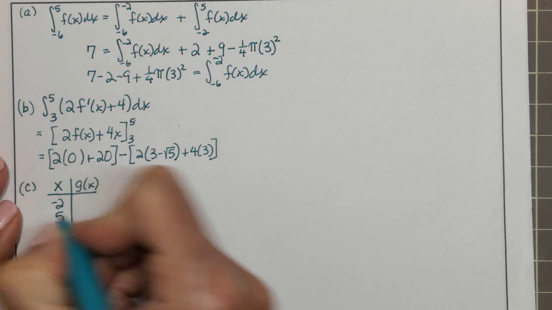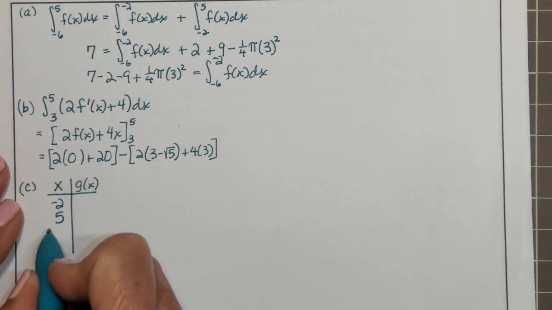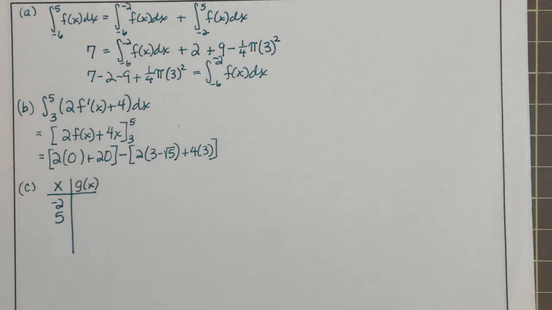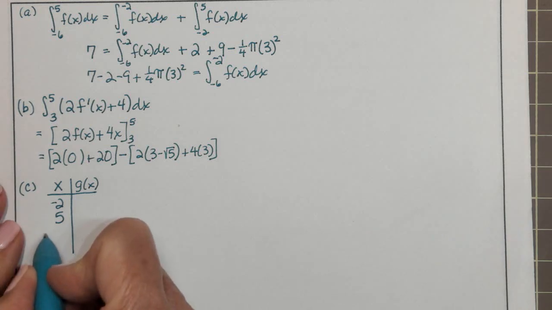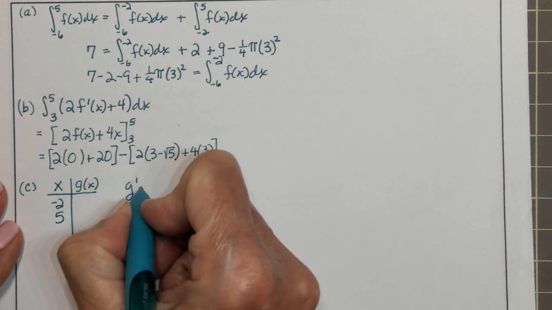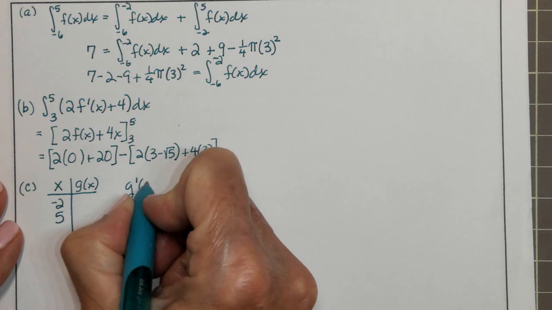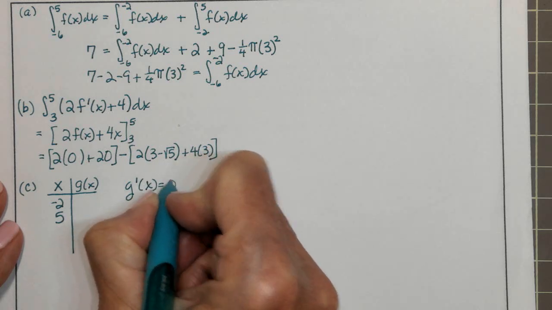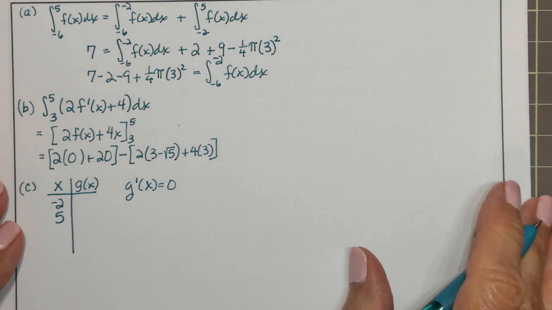-2 and 5 are our boundaries. And now I need to include anything that makes g prime 0, right? So those are my critical numbers. G prime is 0. I want g prime to be 0.